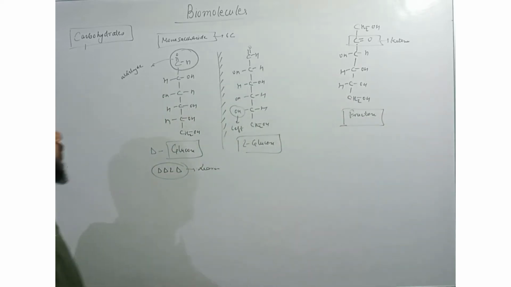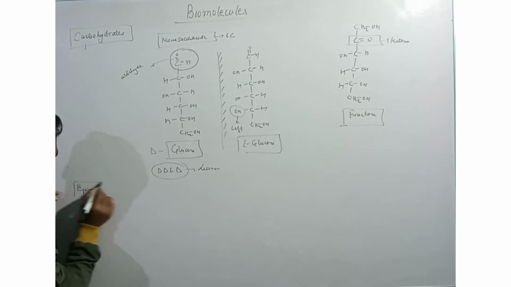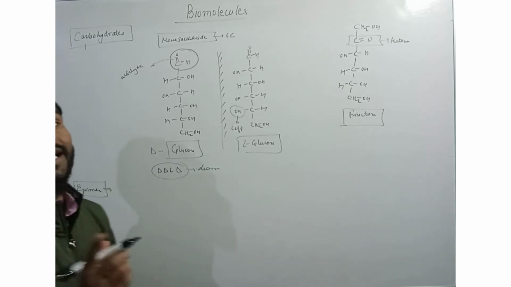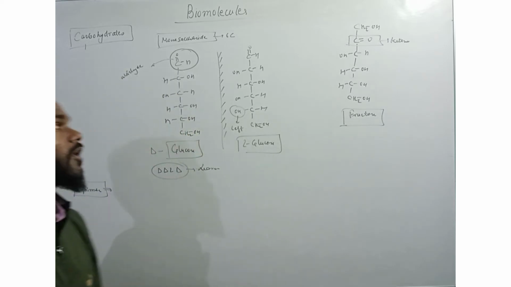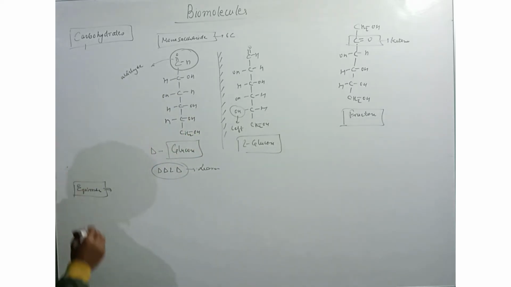Okay, now what do you mean by epimer? Let's see here. Epimer: a compound whose configuration is changed at a single carbon, then it is called an epimer. Let's see, for example, that is mannose.